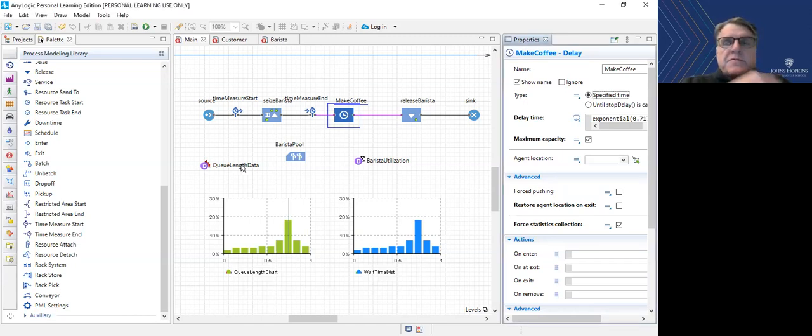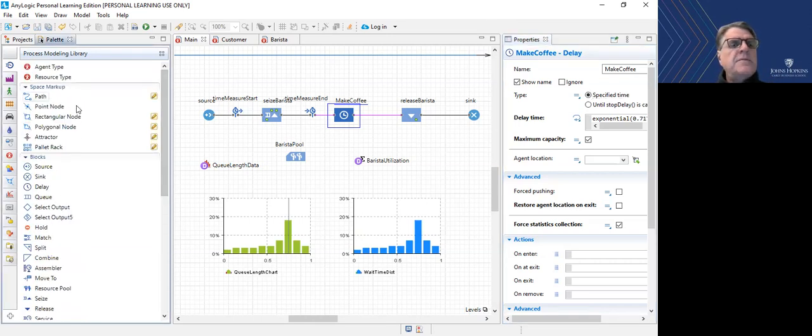Now, the random numbers are at work here, and it's probably not going to come out exactly that way. There is a way to change the random number generator here. I'm not going to do it. Actually, I could show you how we would do that, if I can remember. Where was that?